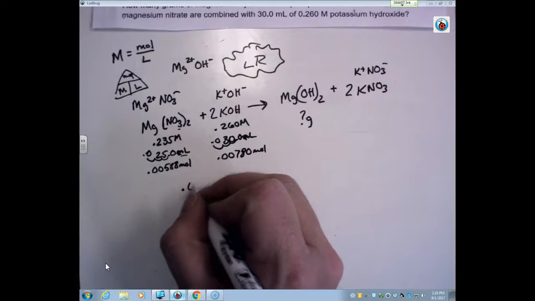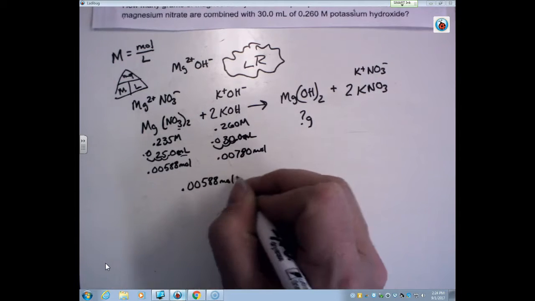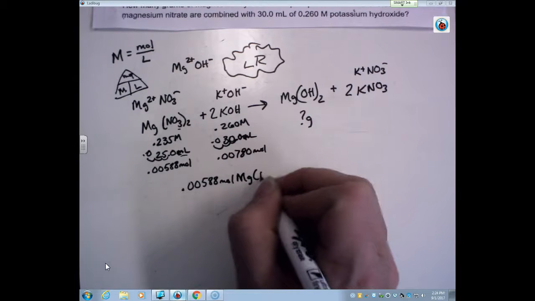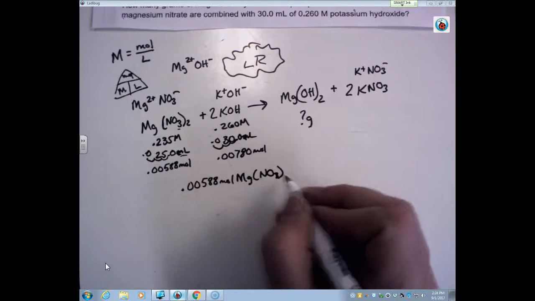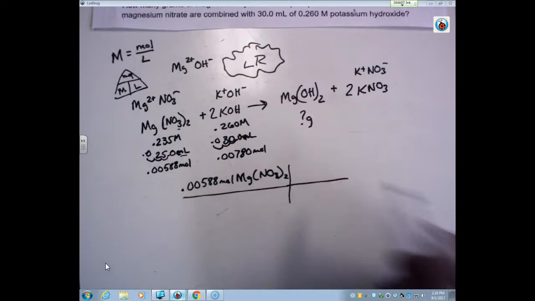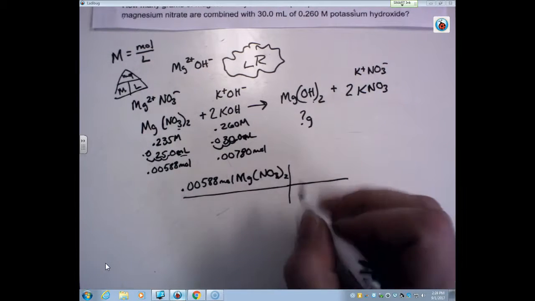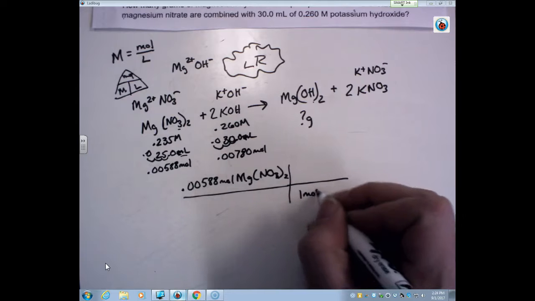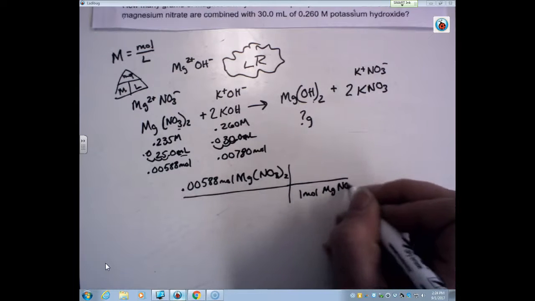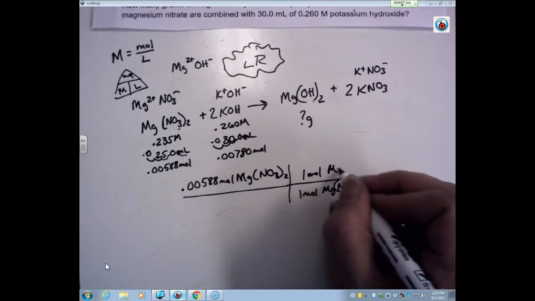So if I start with 0.00588 moles of magnesium nitrate, and I use mole ratio to go to my magnesium hydroxide, it is going to be, for every 1 mole of magnesium nitrate, I have 1 mole of magnesium hydroxide.